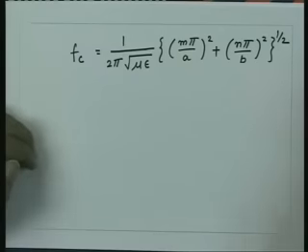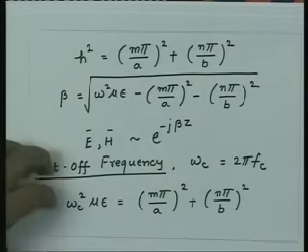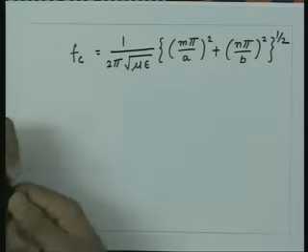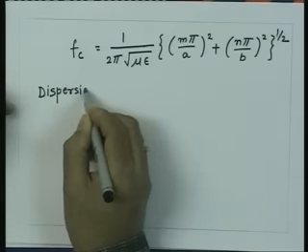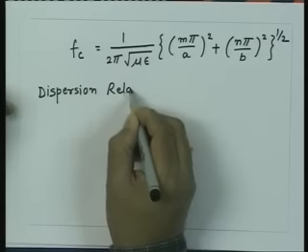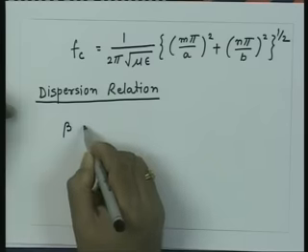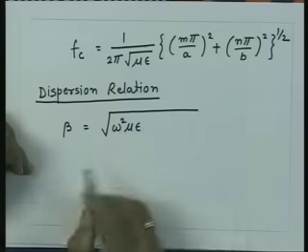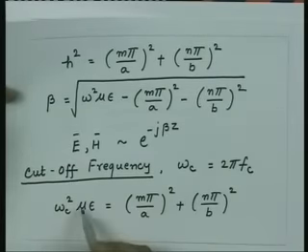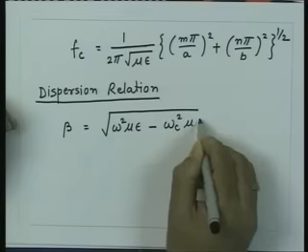The dispersion relation can now be written in terms of this quantity, because this quantity is nothing but omega c square mu epsilon. So, many times we can write the dispersion relation, which is beta equal to square root of omega square mu epsilon minus this quantity, which is nothing but omega c square mu epsilon.